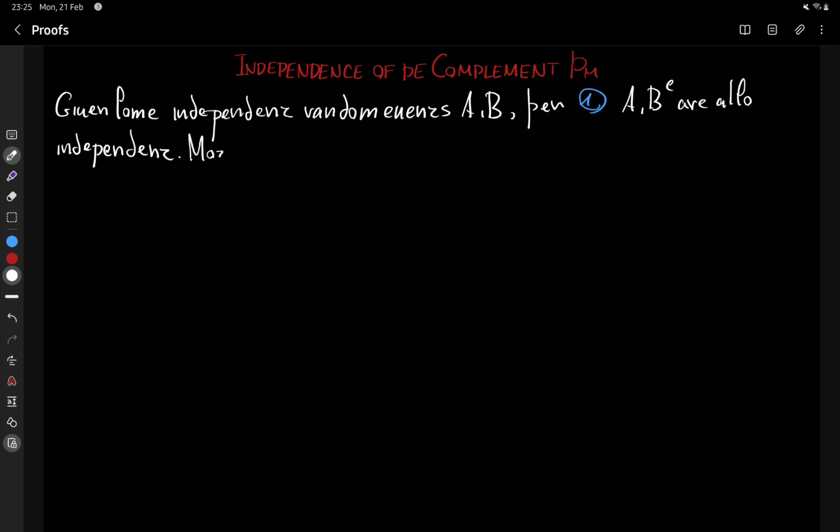Moreover, 2, if the probability of B is positive, then the conditioned probability of A happening after B, or under B, is just the probability of A, which again is precisely what we would intuit.